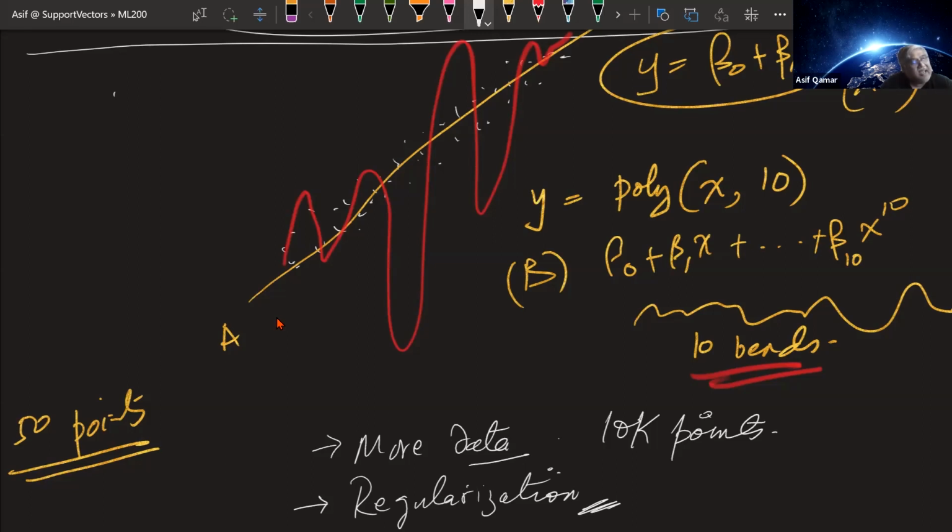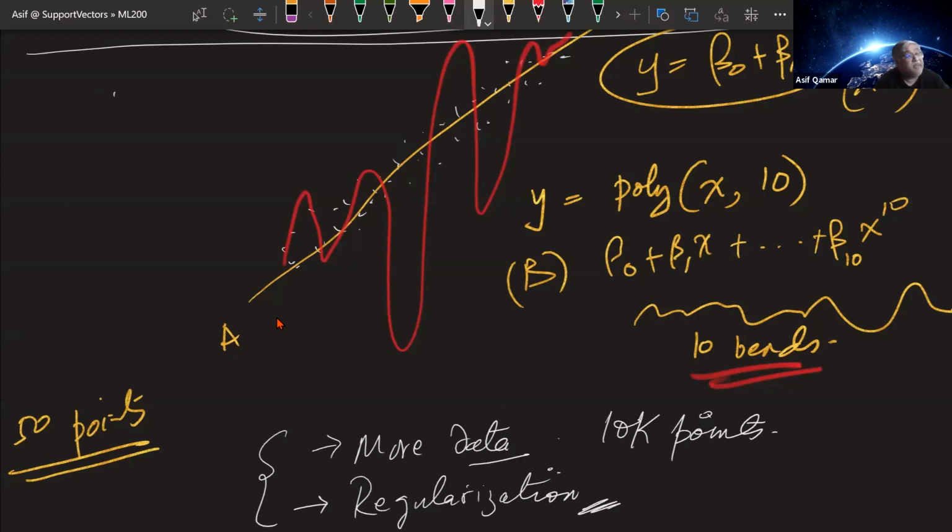So today what we aim for is to do both of these, because there are many situations where the underlying reality is complex. It is much more complex than a straight line, but you don't know how complex it is.